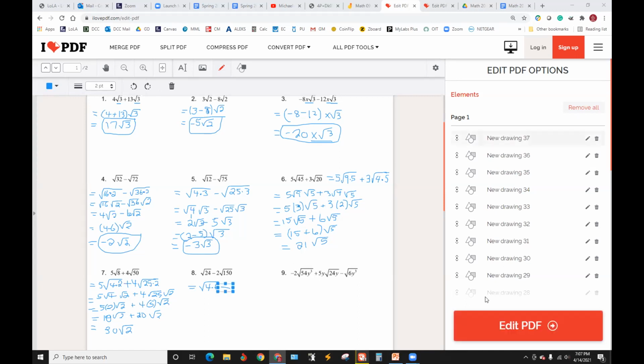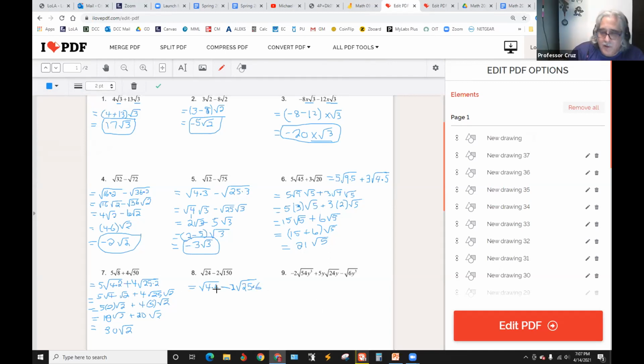Well, it's because instead of putting it 4 times 6, I multiplied it 8 times 3 and 50 times 3. So you multiply it by 6, right? Yeah, I think I just have to remake it. Yeah, so the 24 was 4 times 6, and the 150 was 25 times 6. And like I said, you can use that as a hint when you do the smaller one, and then divide 6 into 150, and if you get back a perfect square, you know you got it.